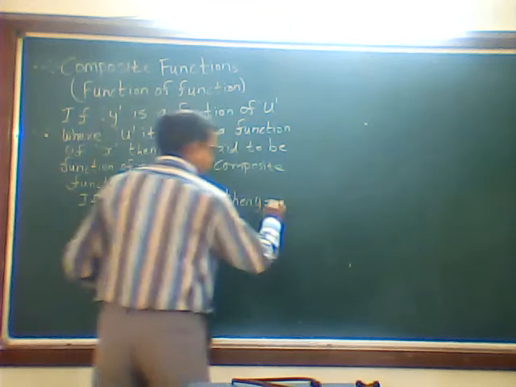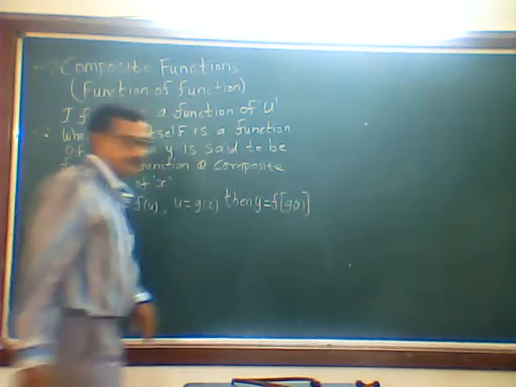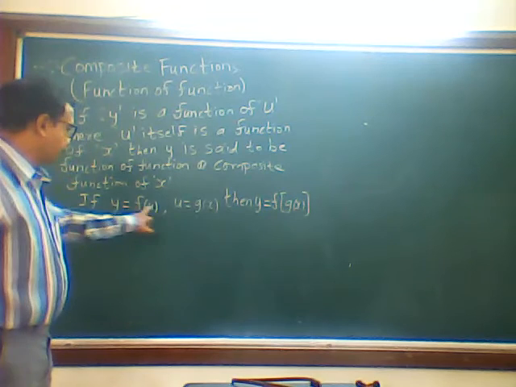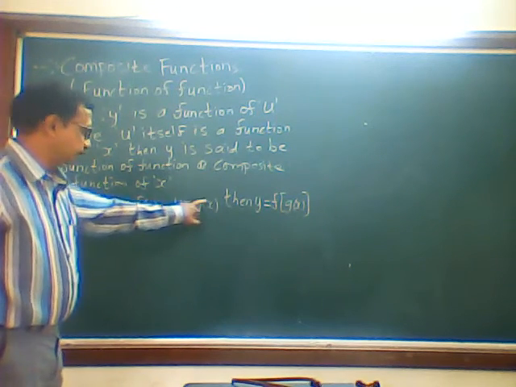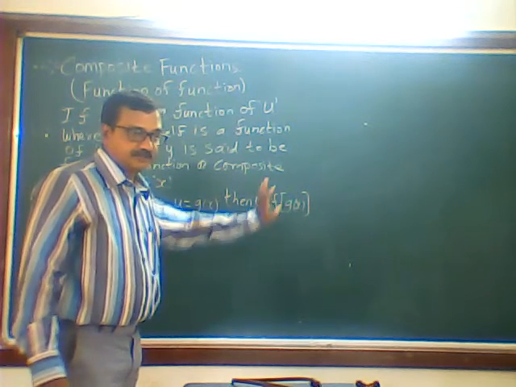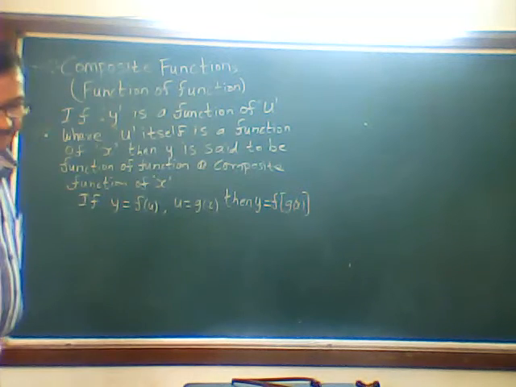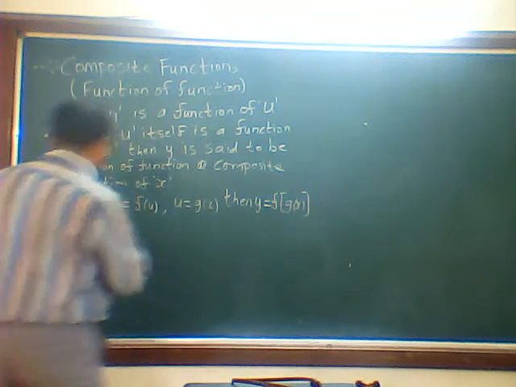So y is equal to f of g of x. If y is equal to f of u, u is equal to g of x, then y is equal to f of g of x. Got it?